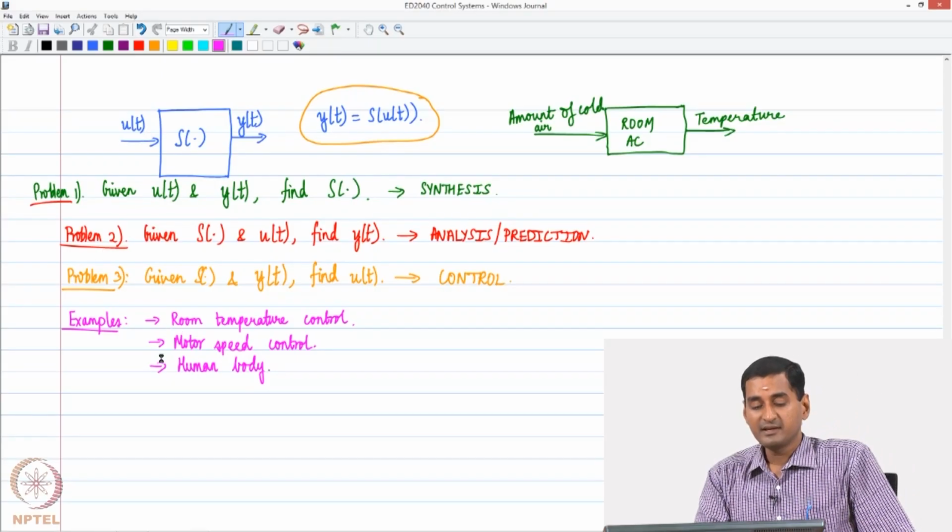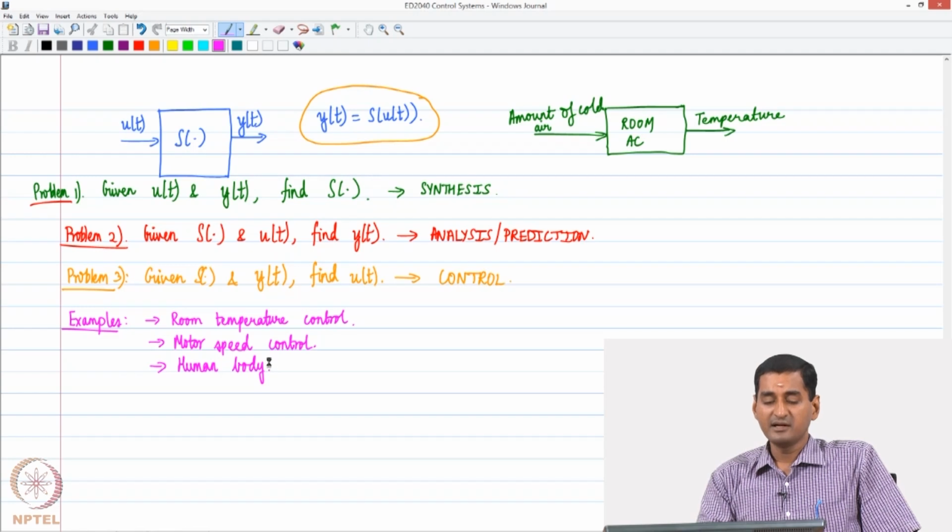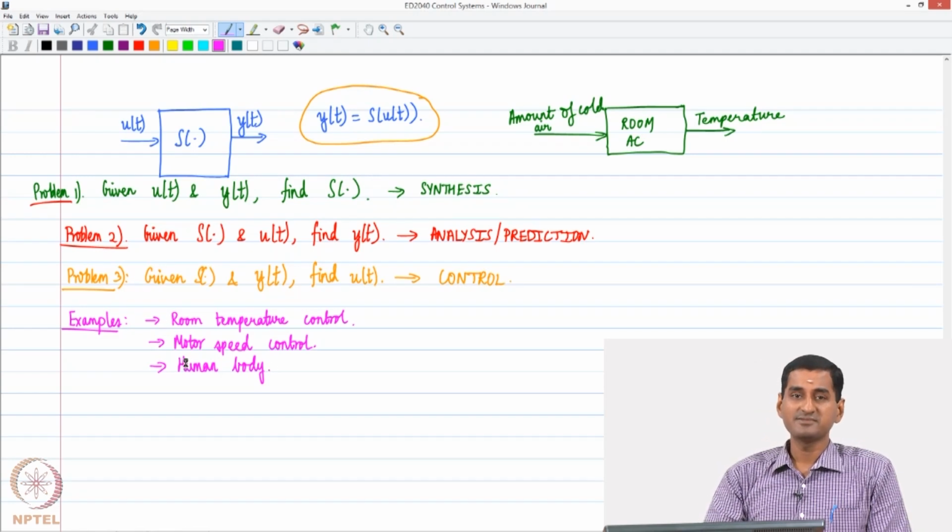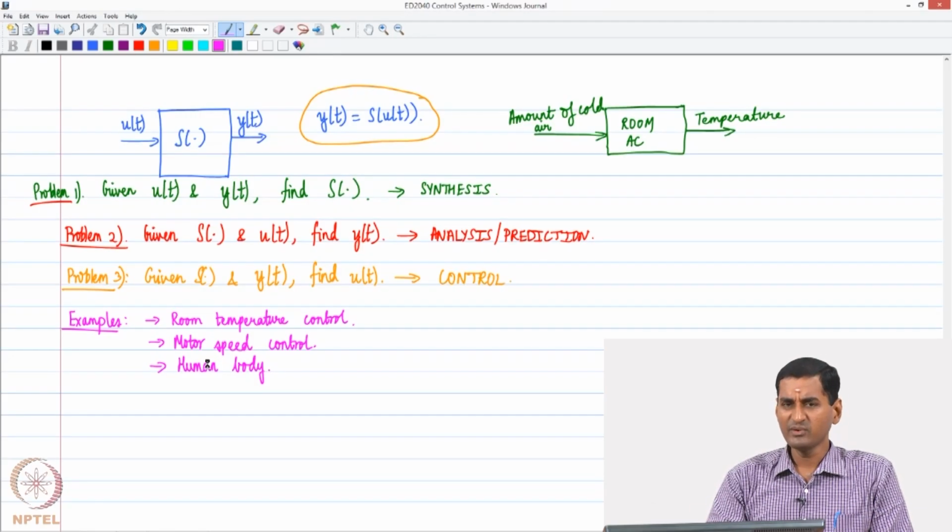So essentially we are going to look at various case studies as we go along, and then we will see how to formulate practical problems as a control problem and solve them. Okay.